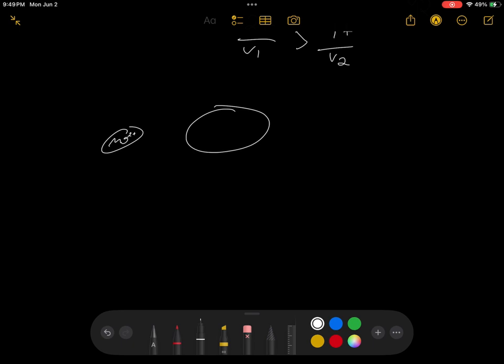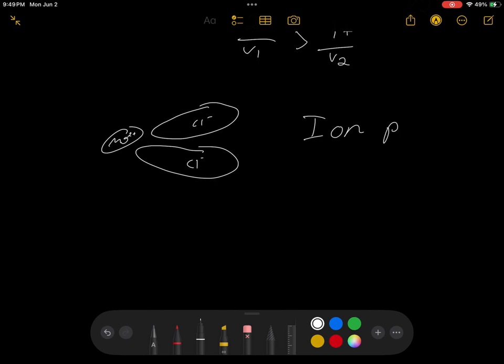I'll draw it as two separate ions, right? So here's our chlorine ions, Cl minus, Cl minus. What happens is this positive charge actually distorts our ions. So instead of being perfect spheres, we're going to look a little oblong like this, right? Because it's literally pulling those ions toward it, right? We call this ion polarization.